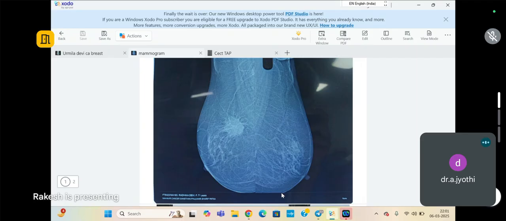Okay, then we discussed this metastasis. So what kind of bone mets are present? Like osteolytic, and sometimes can be sclerotic as well. What is more common?